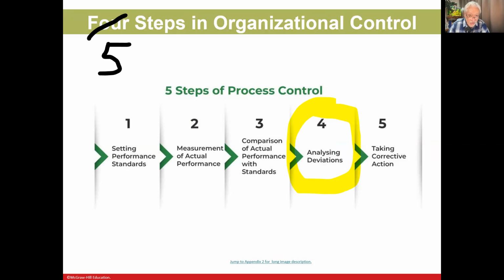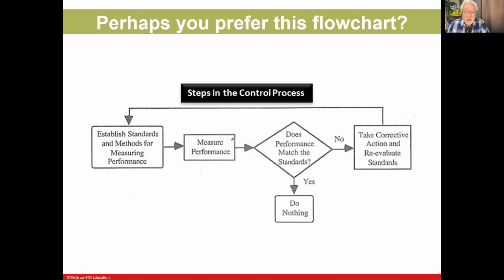So you might want to make a copy of this, reduce it to writing, put it in your notes, pause the video, in other words, and use a pen and paper, and write this down yourself, because that's a necessary learning event for you to get this down as a principle that you understand and will remember for a long time. There's another one. It's in the form of a flowchart.